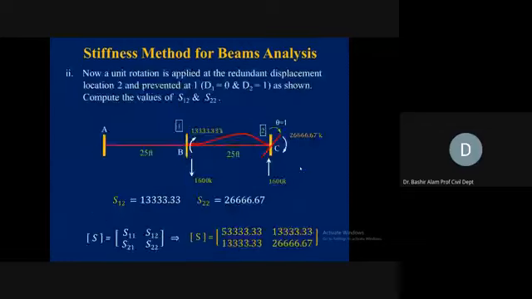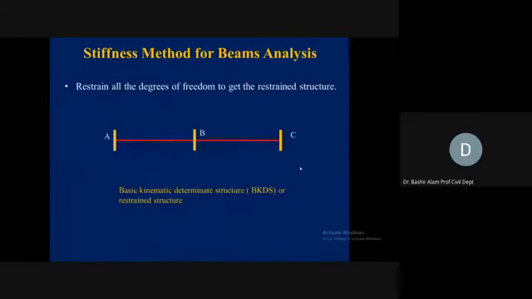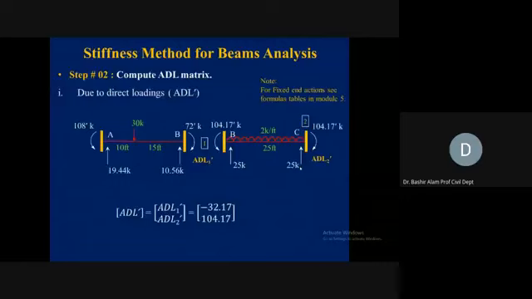Here is the diagram. From direct loading, which is ADL prime, here is coming 19.44. So make a note, this is one contribution, 19.44, I'm writing on my calculator.